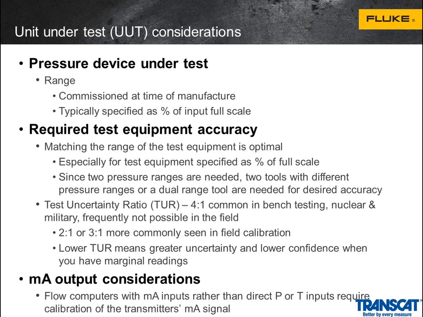So let's say that you perform a calibration and the unit is just barely out of calibration. It's just out of tolerance. So normally you'd say, oh, we have to do an adjustment. Well, if the calibration has a low TUR, you actually might not be out of calibration. The lower your TUR, the less certain you are that your calibration was actually correct.